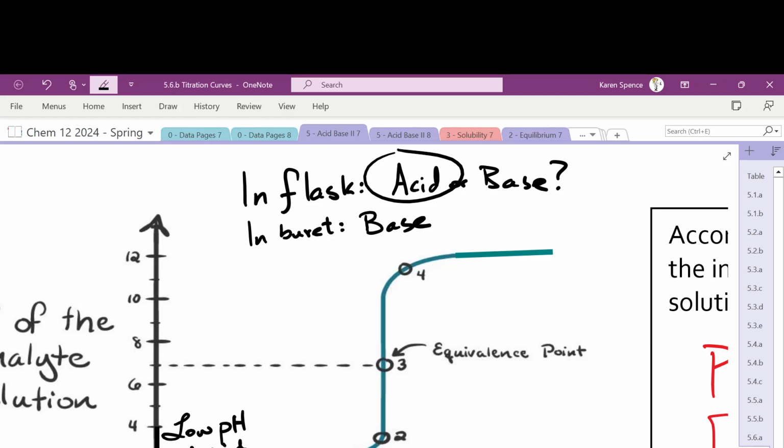It's strong because it does not have a little hill at the beginning. That's one way of checking it right away. Okay, there's no little hill. So this is going to be a strong acid, and we're titrating it with a strong base.